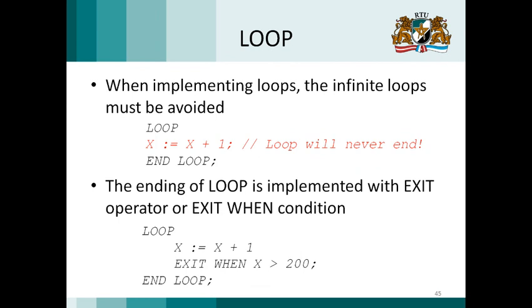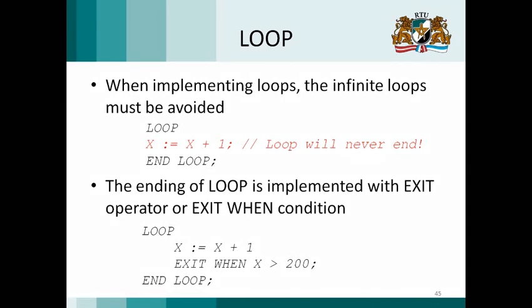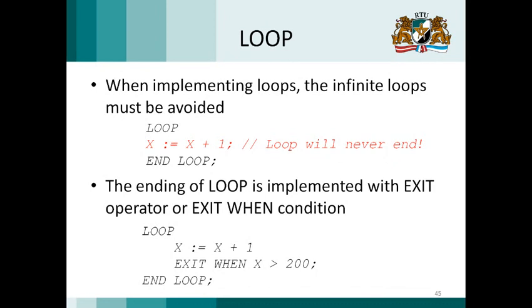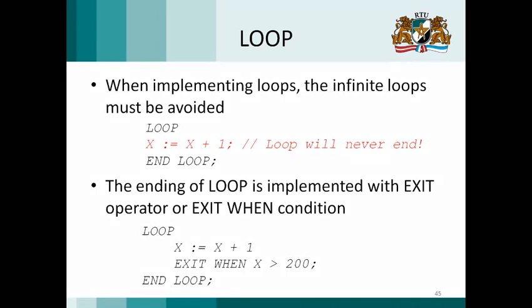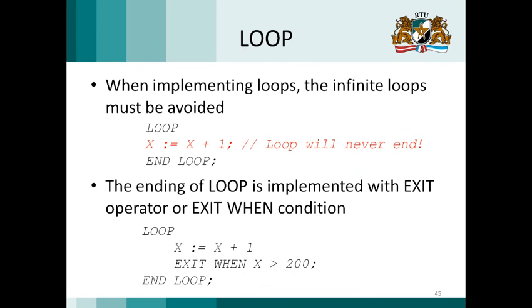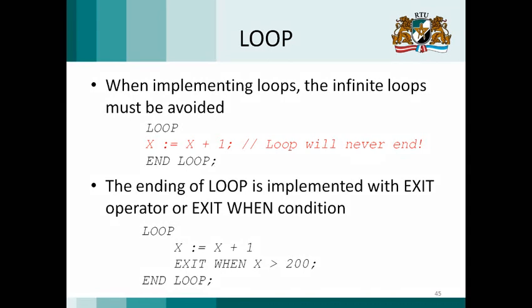In reality, of course, there will be end because memory will end and the place in memory will end. And there will be an error and the program will stop. But if we could theoretically run such loop, it would never end. So we must use some condition that ends this loop.